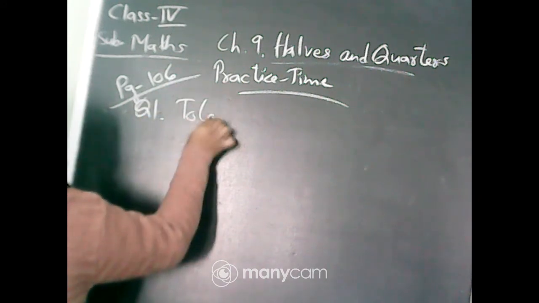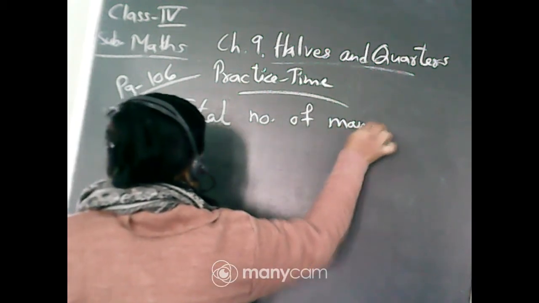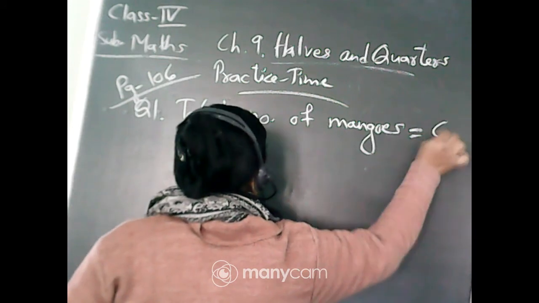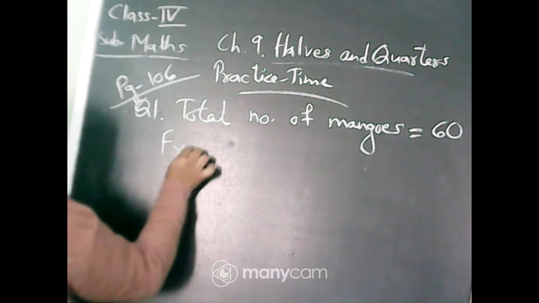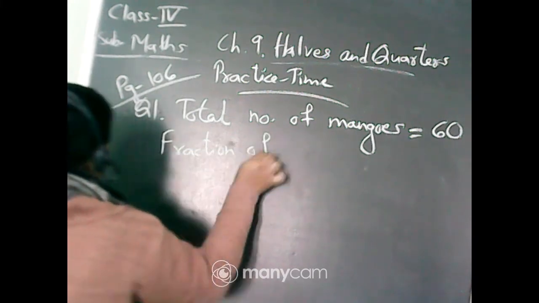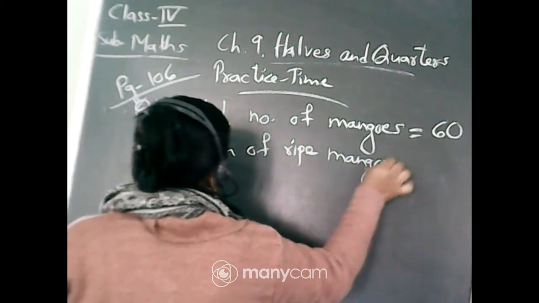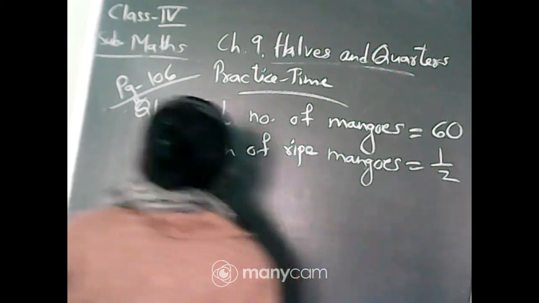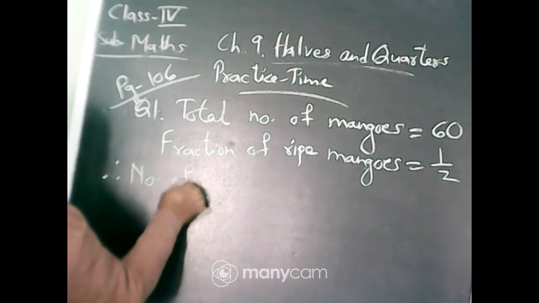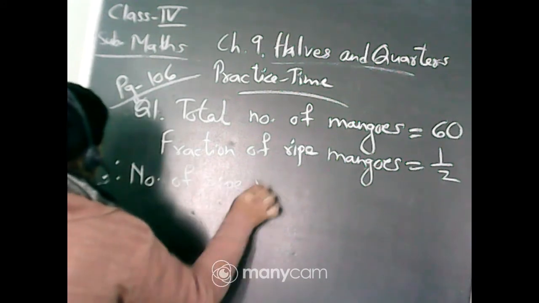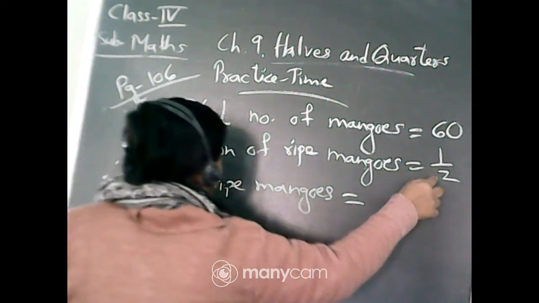Total number of mangoes. It is given 60. Now one more thing is given, the fraction or the part. So you will write fraction of ripe mangoes. It is given 1 by 2. So you will write therefore number of ripe mangoes is equals to, see, when it is given 1 by 2, that means it is given the fraction.